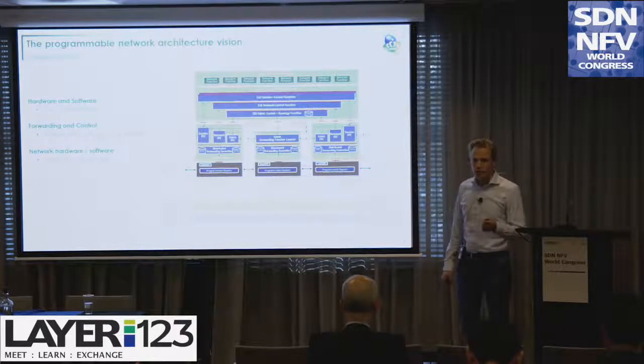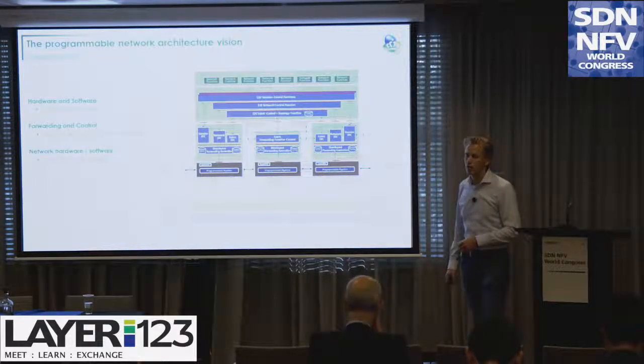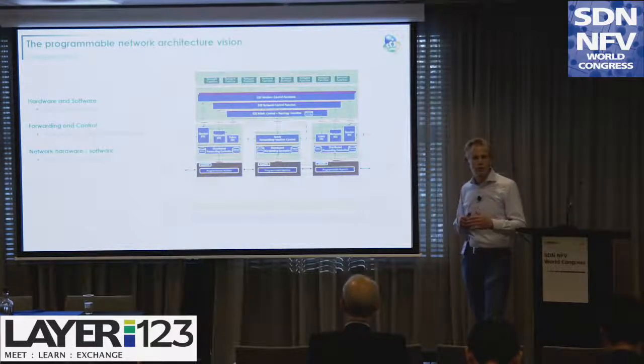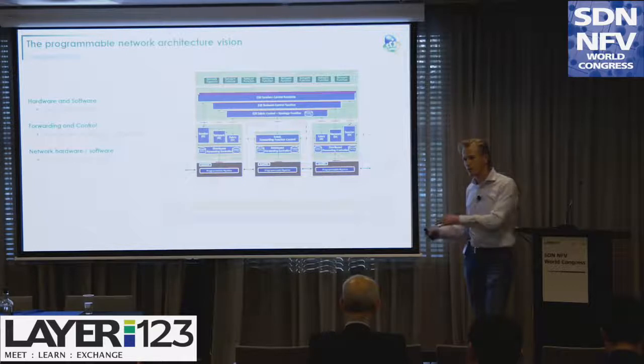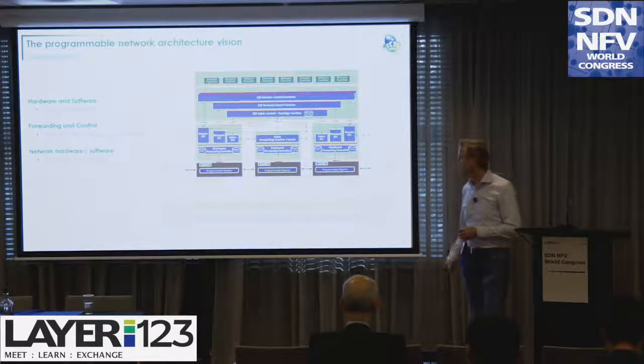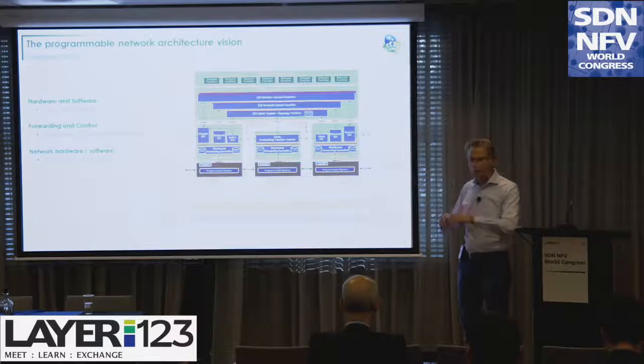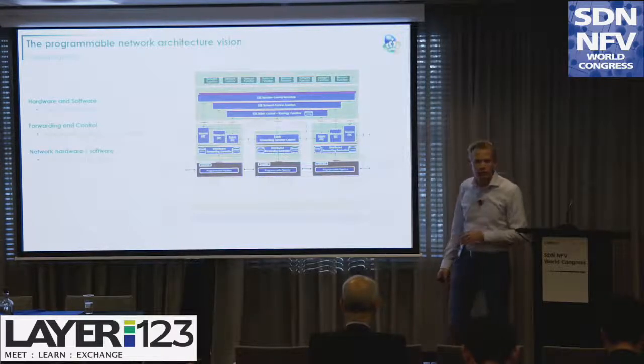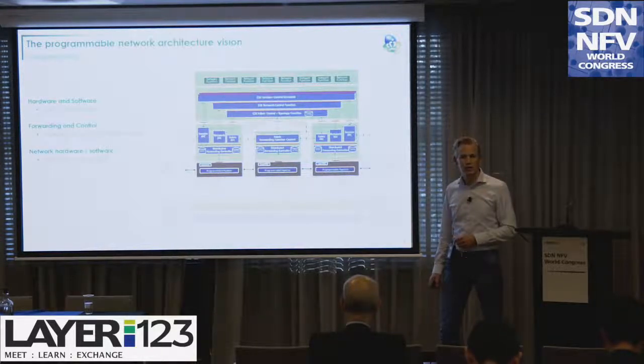Also important, and that has to do with the programmable network layer, is to separate the forwarding and control. Although we want to have some automation and software defined aspects in there, the heavy, traffic bearing forwarding part we want to keep as much as possible in the network, at least for the large traffic flows.